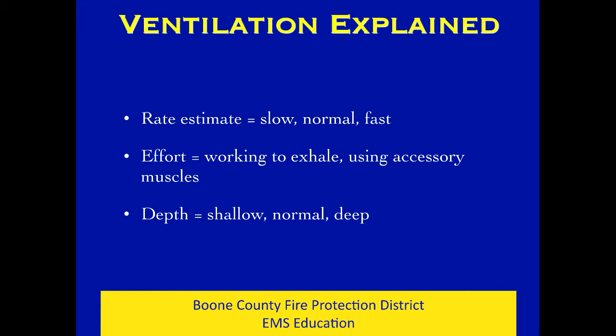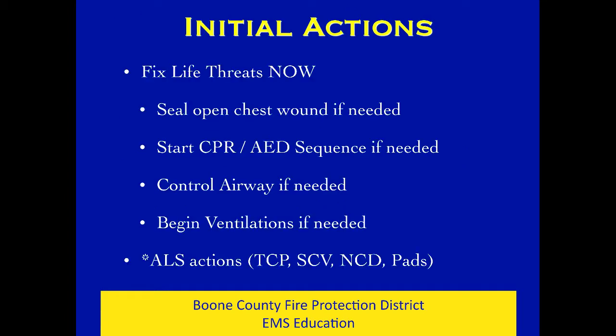Now, say a person with chronic lung disease, a person who has emphysema and uses accessory muscles all the time, well, that may be a normal variant for them. And so we're trying to find out what's new, what's different, and where we need to intervene. And then we're also doing depth on a Goldilocks scale, where we're saying it's too shallow, it's normal, or it's deep.